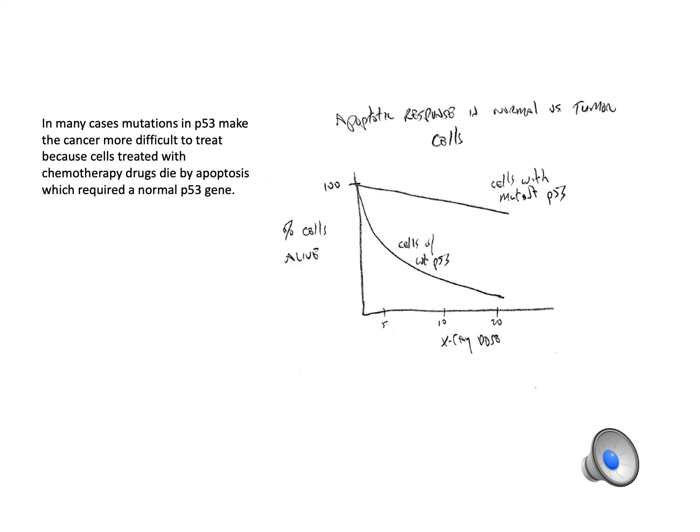Now, as it turns out, since p53 is involved in the response to DNA damage or other kinds of severe stresses to the cell, and the fact that it is mutated or defective in such a high proportion of human tumors, it has become clearer over the years, and people looking back at the data of how people respond to chemotherapy, that mutations, defects in p53 cause patients to have a much poorer response to treatment.